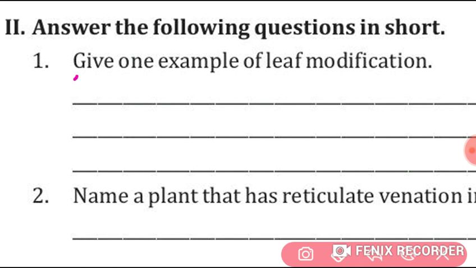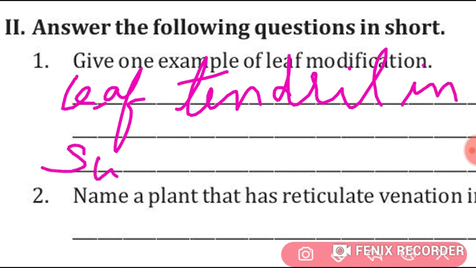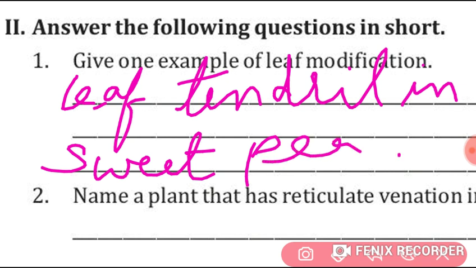Write its answer: leaf tendril in sweet pea.